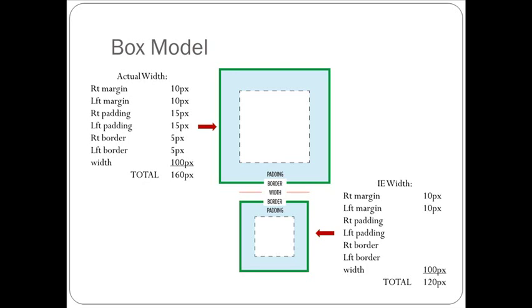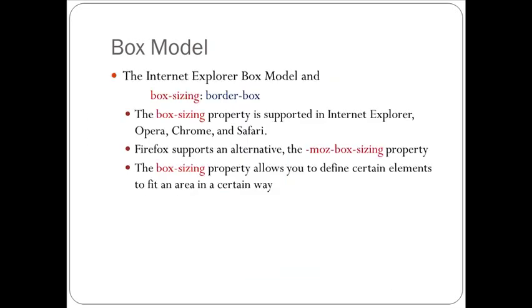Although the common sense width was 500 pixels, the width property would have to be set to 460 pixels to account for the padding. So that forced the web designers and the coders to have to do some math and determine what everything should be sized. Well, fortunately, with CSS 3, we now have a box sizing property.